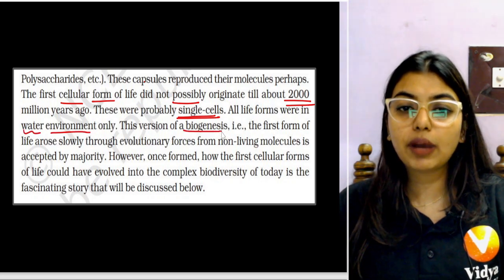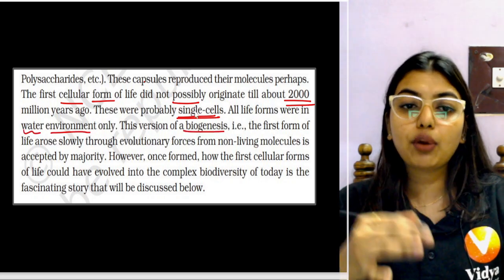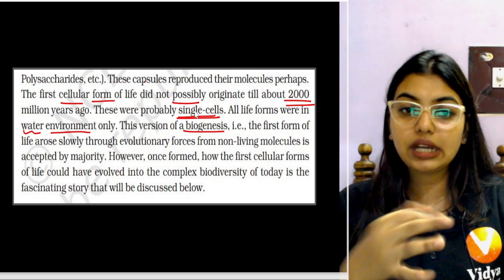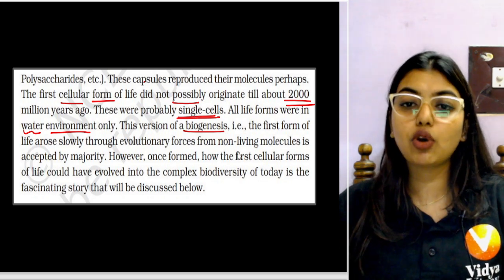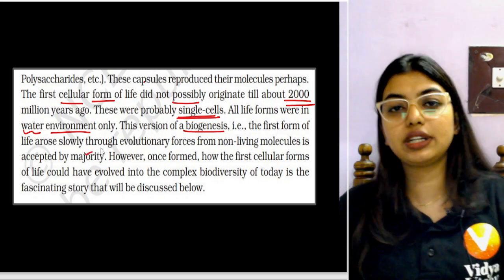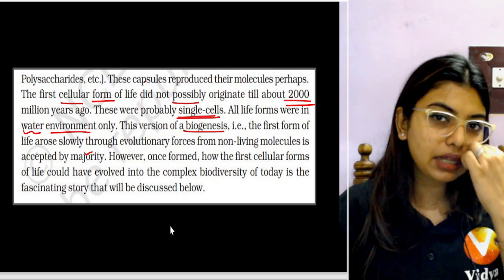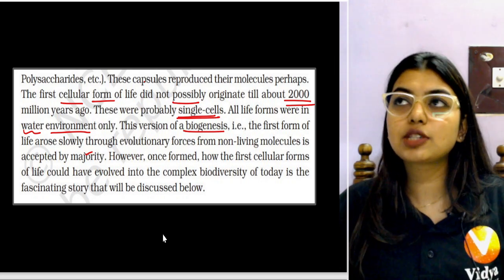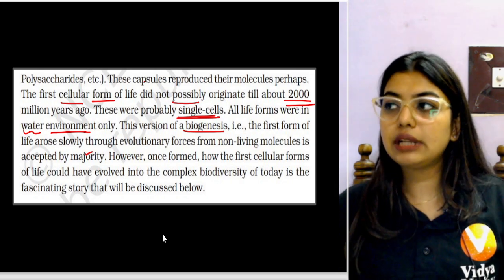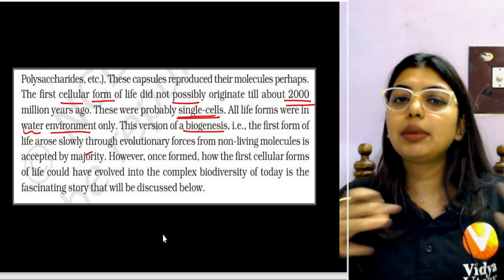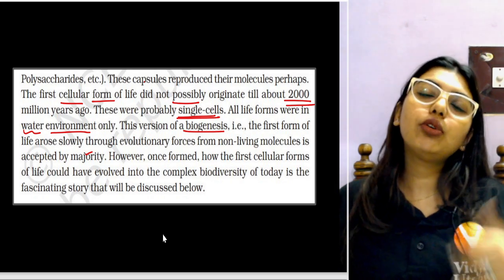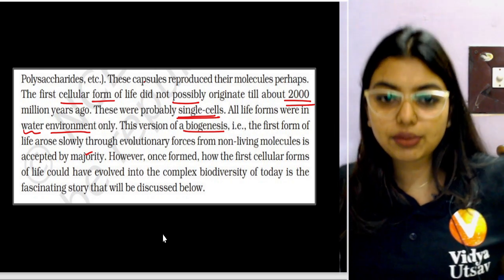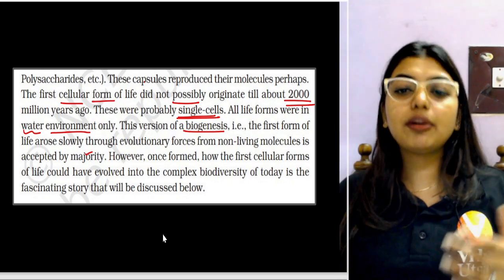This version of biogenesis, that the first form of life slowly arose through evolutionary forces from non-living molecules, is accepted by the majority. That is, people are able to connect that maybe it has come through chemical evolution, not because of just some spores coming and falling, or randomly being created.